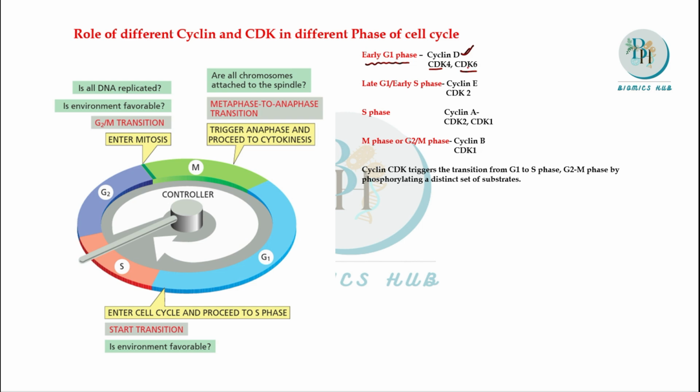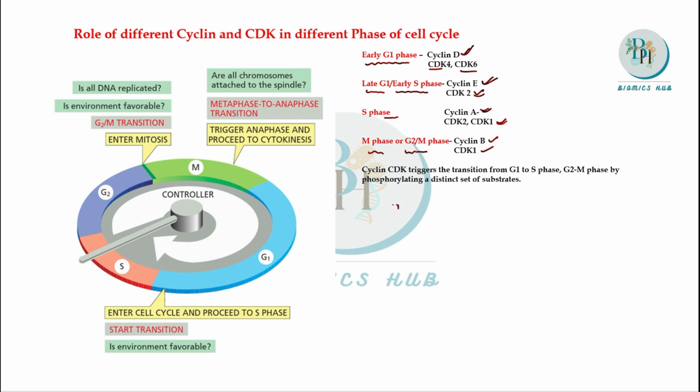In the late G1 or early S phase, the cyclin involved is cyclin E and CDK2. In the S phase, the cyclin is cyclin A and the CDKs are CDK2 and CDK1. In the M phase or G2 to M phase, the cyclin is cyclin B and CDK1.